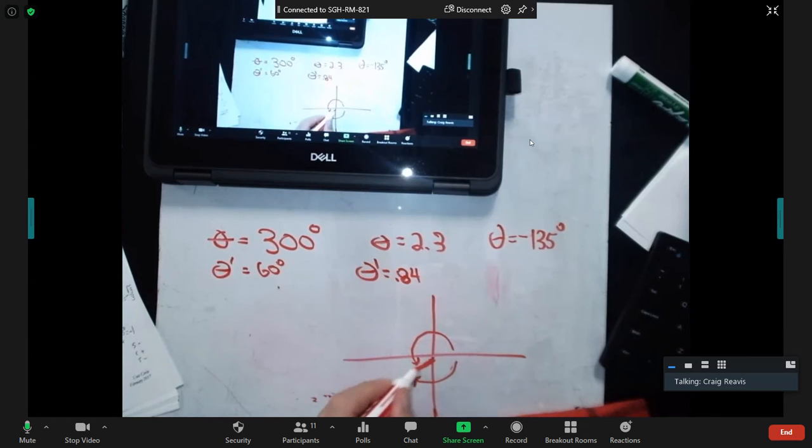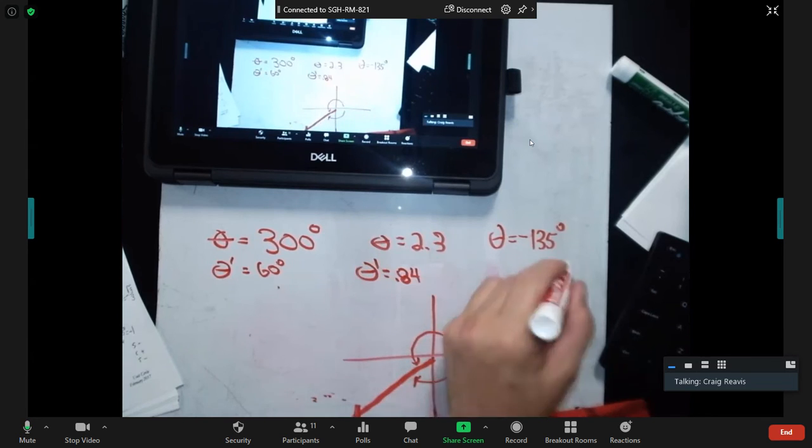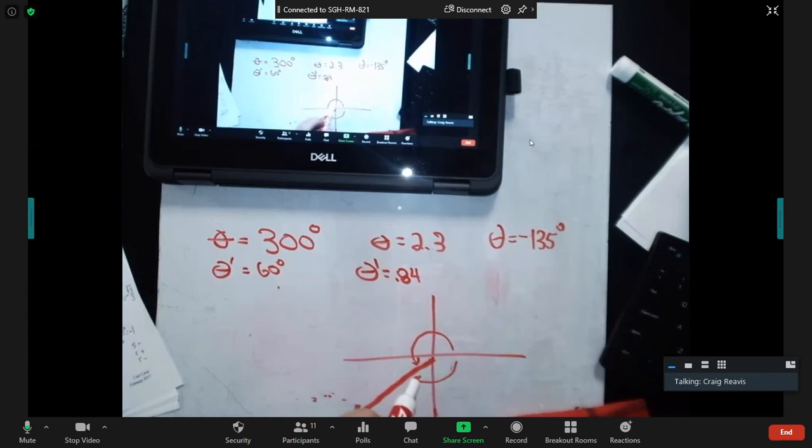Because it doesn't matter if it's the negative angle or the positive angle, or if it's a reference angle, the sine, cosine, and tangent are all going to have the same numbers. So first thing, how am I going to find this? I'm going to add 360 to that. If I add 360 to that, that's going to tell me what this angle is right here.